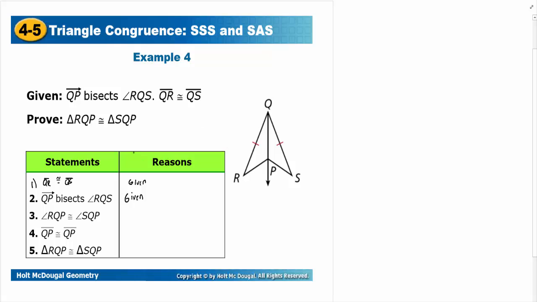I'm going to use what I know to fill in the rest here. Because QP bisects angle RQS, I know these angles are congruent, because of the definition of bisector. So I'm going to say definition of bisector for my next step.